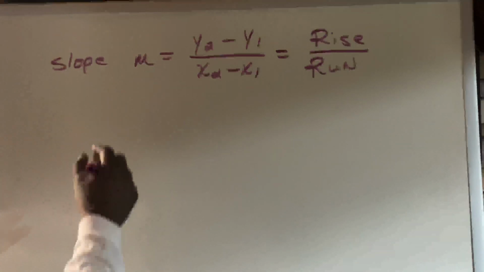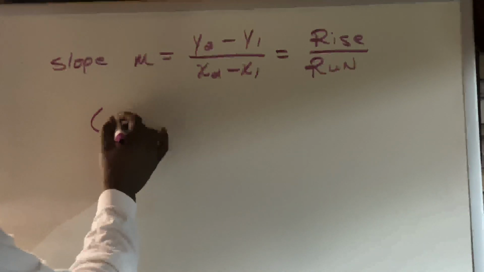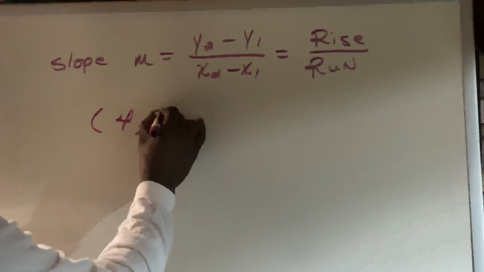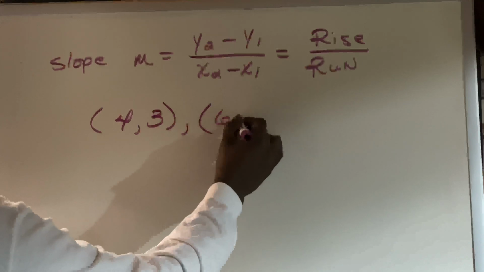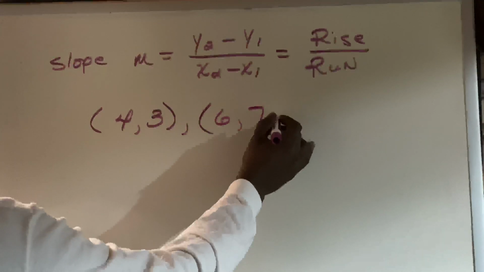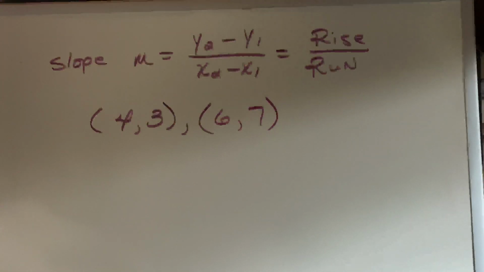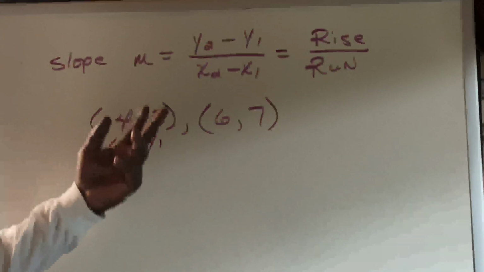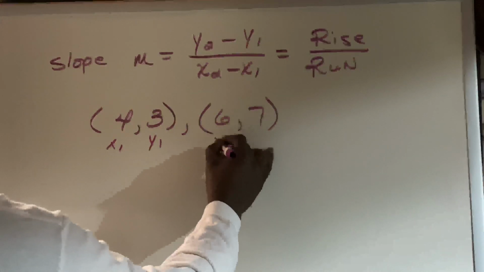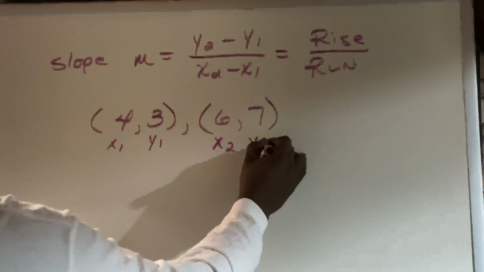Okay, so that's the formula for slope. Now, if we had something like these ordered pairs, and they ask us to find the slope of these two, we know that the first ordered pair is known as x sub 1 and y sub 1. The second ordered pair is known as x sub 2 and y sub 2.